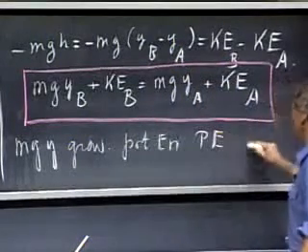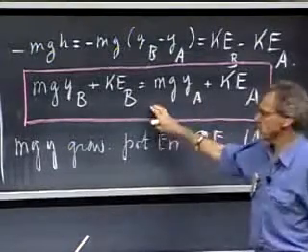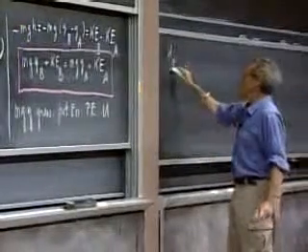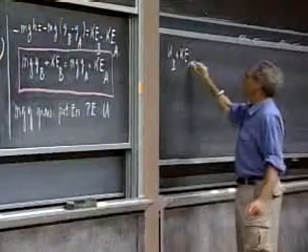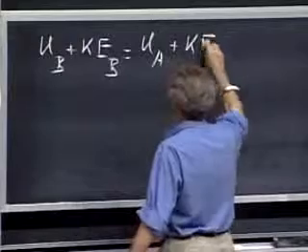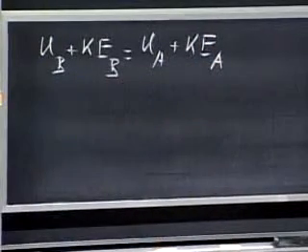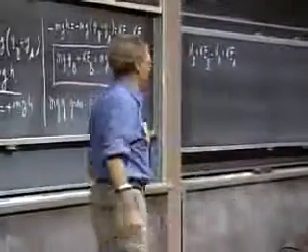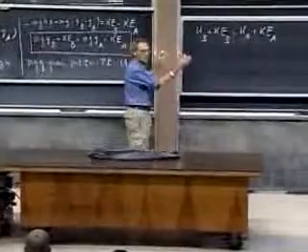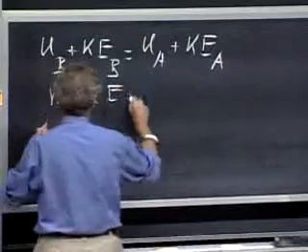Often we write for that PE or we write for that a U. And what you're seeing here is that the sum of potential energy at point B and the kinetic energy at point B is the same as the potential energy at A and the kinetic energy at point A. One can be converted into the other and it can be converted back. Kinetic energy can be converted back to potential energy and potential energy can be converted back. But the sum of them, which we call mechanical energy, is conserved.